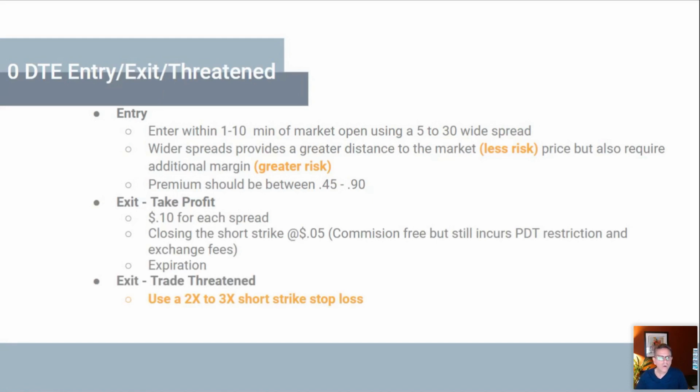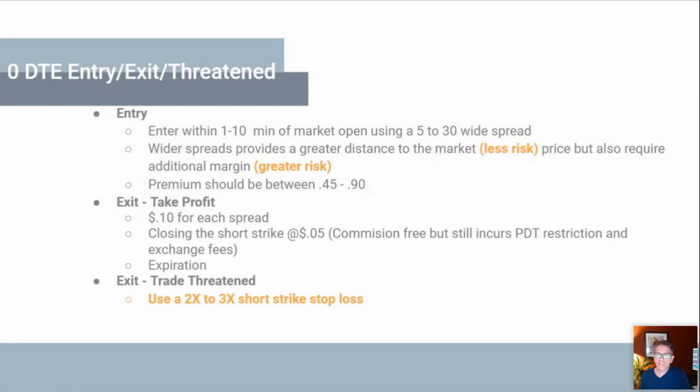All right. So I'm going to say here, if you don't have enough margin to manage trades that you widen, and we're going to talk about widening and the cost of that, then I would really recommend that you use a 2x or 3x short strike stop loss.